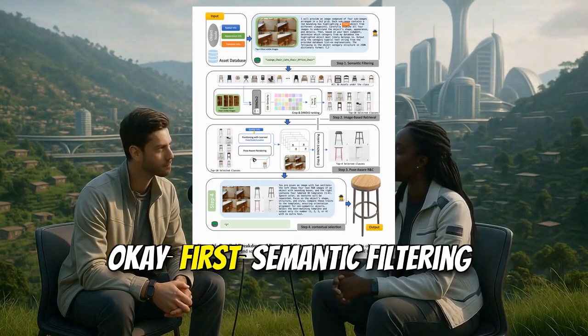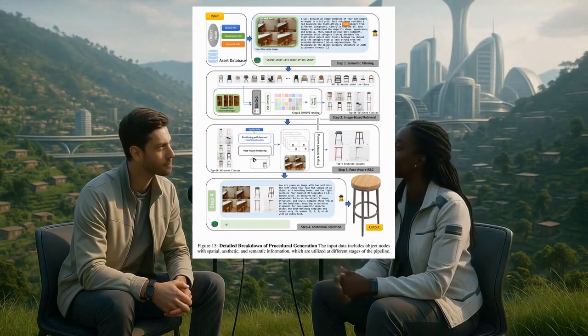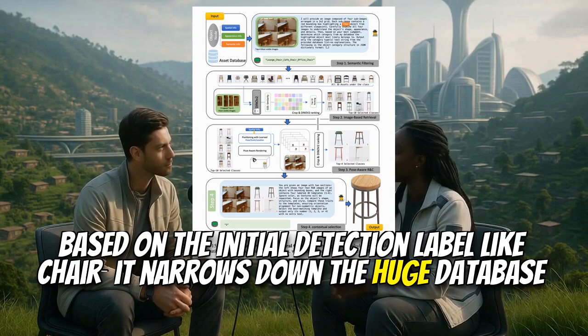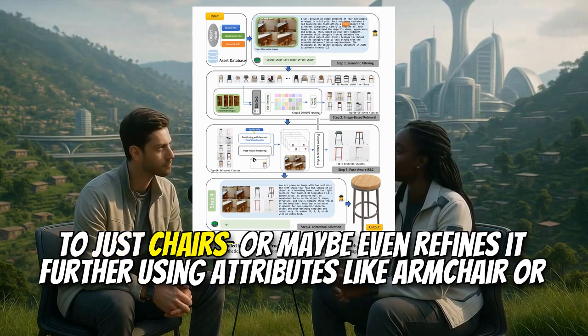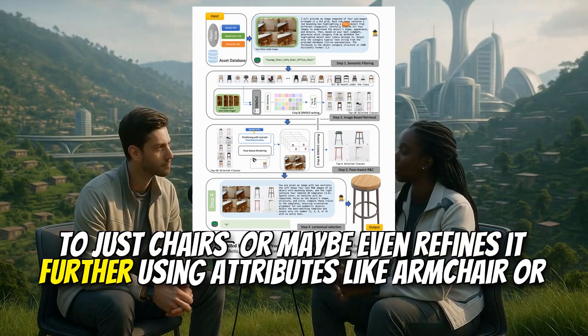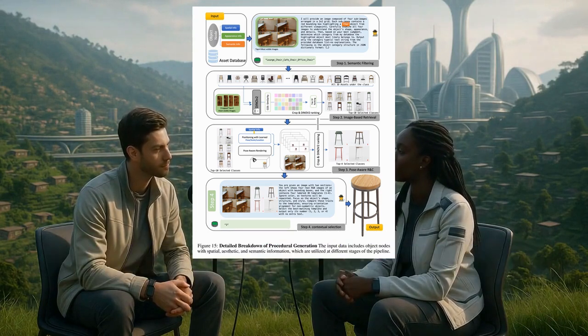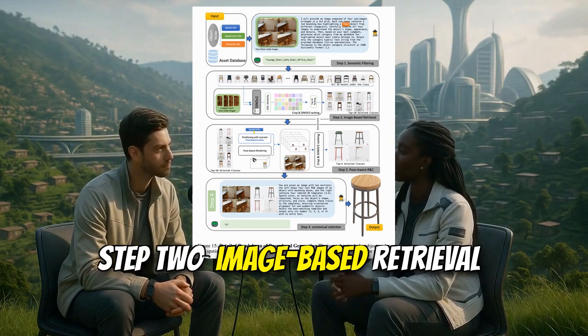Walk me through it. Okay, first, semantic filtering. Based on the initial detection label, like chair, it narrows down the huge database to just chairs, or maybe even refines it further using attributes like armchair or office chair if the detection provides that. Step 1, narrow the category. Right. Step 2, image-based retrieval.